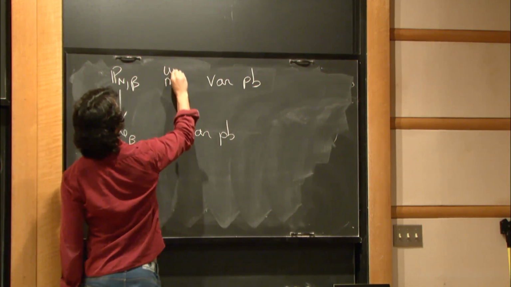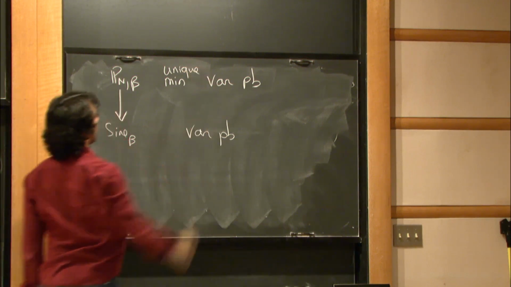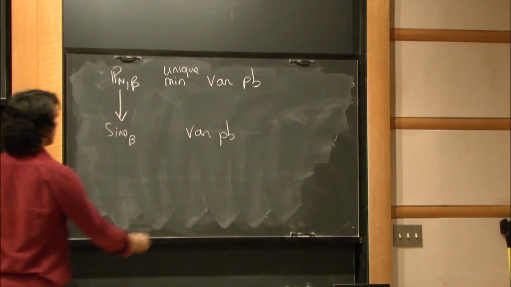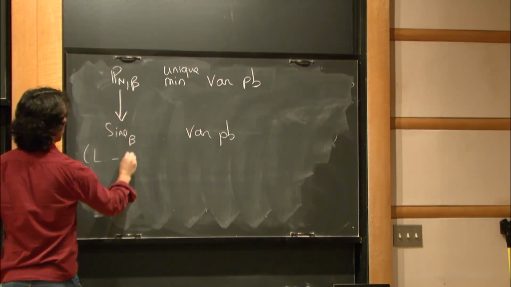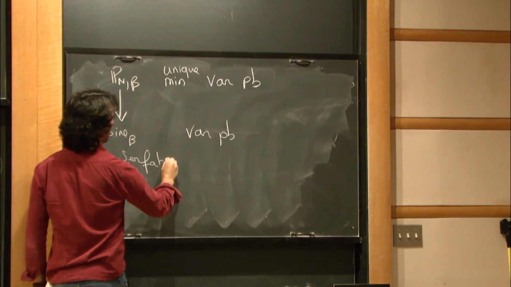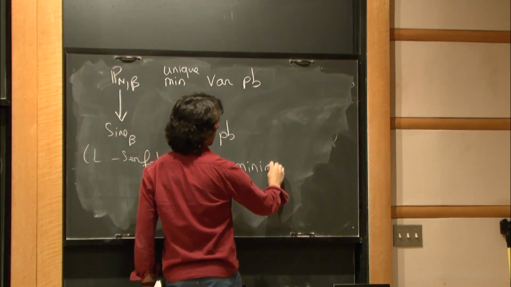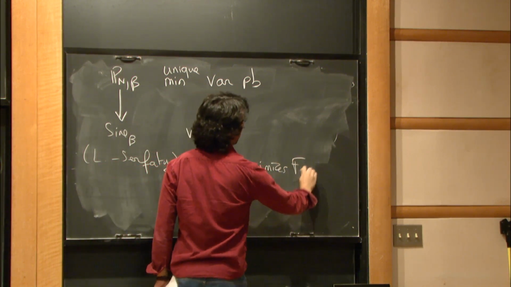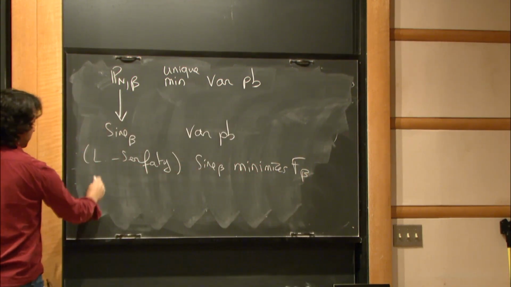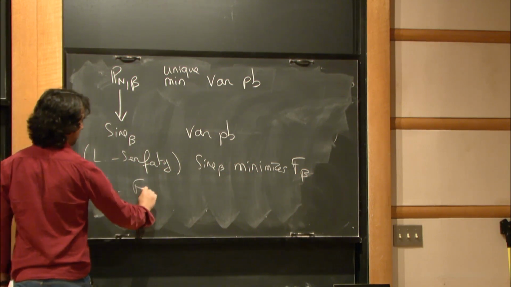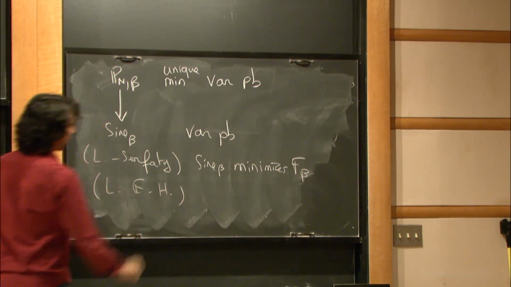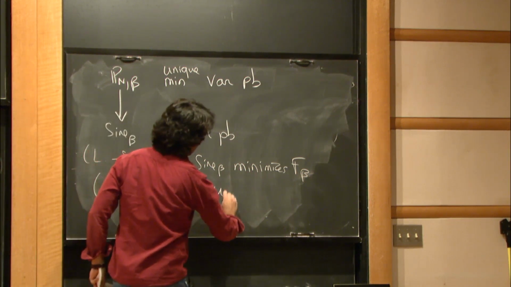So it's a unique minimizer here. So we knew that sine beta minimizes f beta. And what we prove, with Matthias Erbar and Martin Westman, is that it's the unique one.